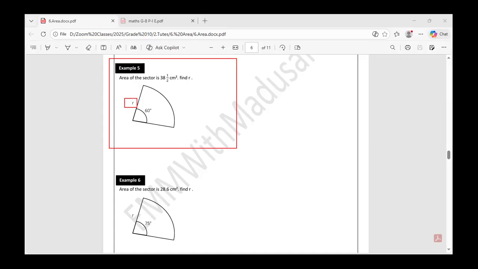You can give the answer up to one decimal place.